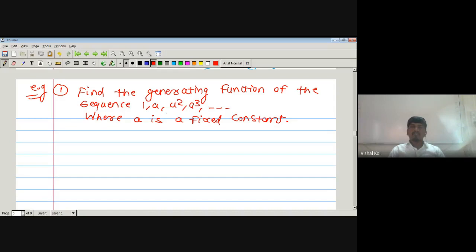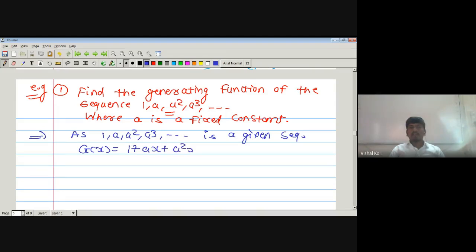As here 1, a square, a cube up to so on is the given sequence, then from the definition, g of x is nothing but 1 plus a x plus a square x square plus a cube x cube plus up to so on.